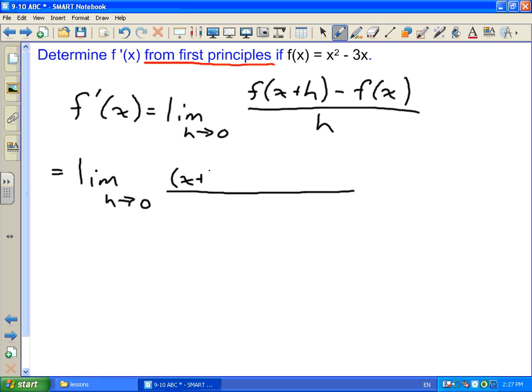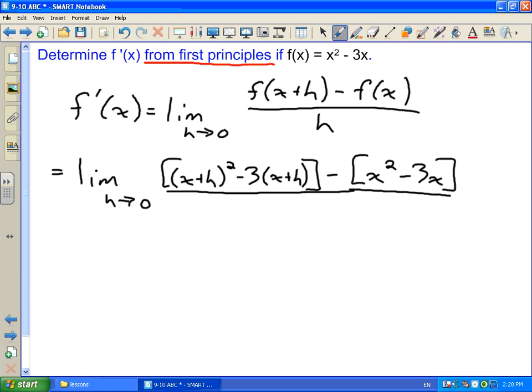So this is going to be x plus h squared minus 3 times x plus h. That's my first term. And then from this, I want to subtract my function f at x. So I'm going to subtract x squared minus 3x. On the bottom, I've just got my h there.